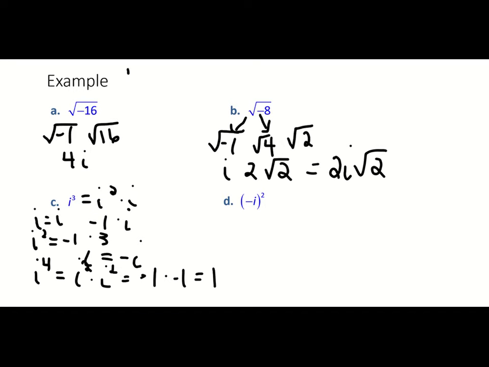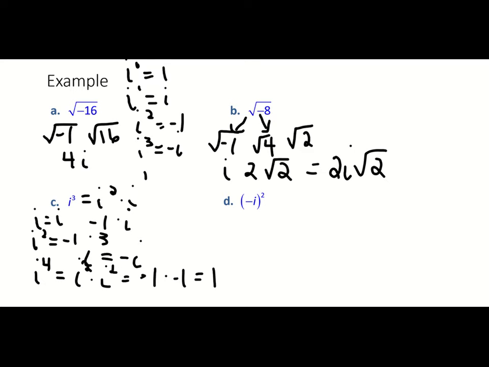So right now we know, let's do i to the 0 power just to start with. i to the 0 power, anything to the 0 power is equal to 1. i to the first power is equal to i. i to the second power is equal to -1. i to the third power is equal to -i.